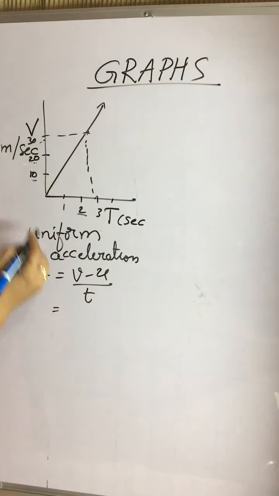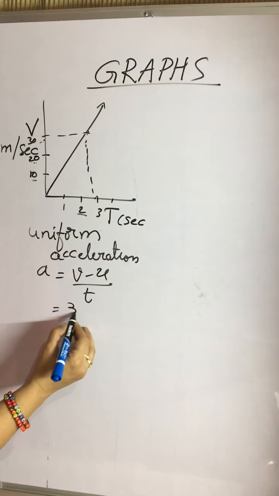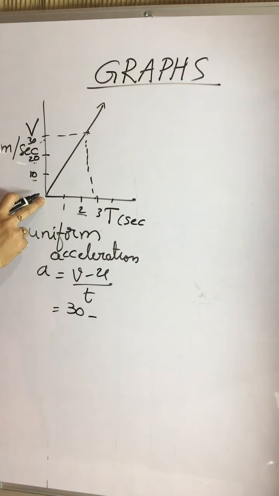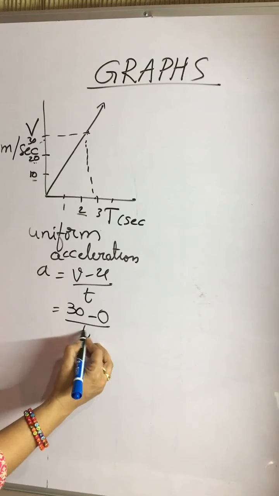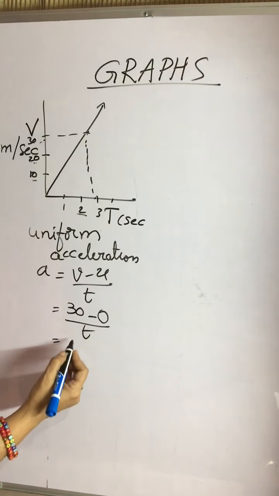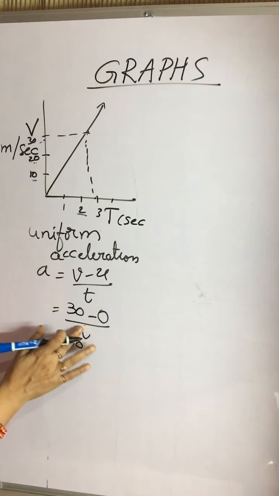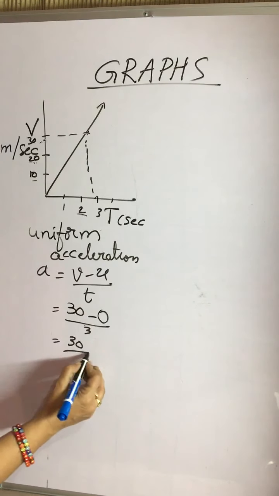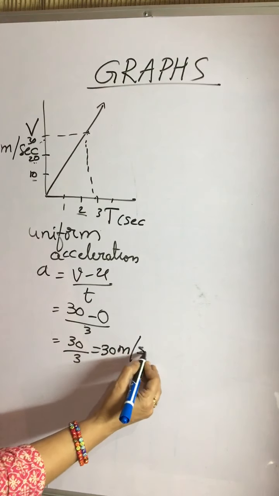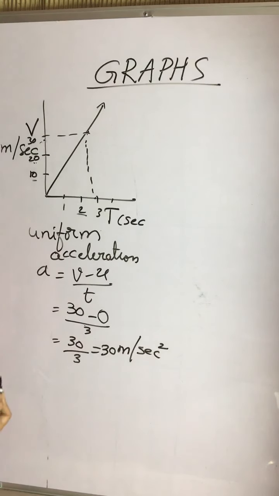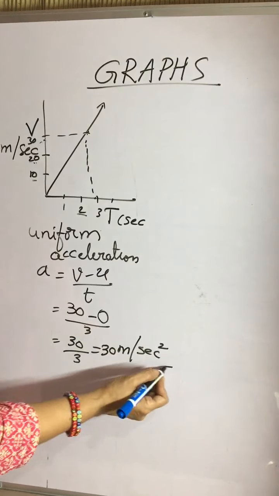Then v, the final velocity, is 30. Starting velocity is 0, students. So u is equal to 0. So here 30 minus 0, 30, and t is 3 seconds. So here 10 meter per second square. Meter per second square is the unit of acceleration, students.